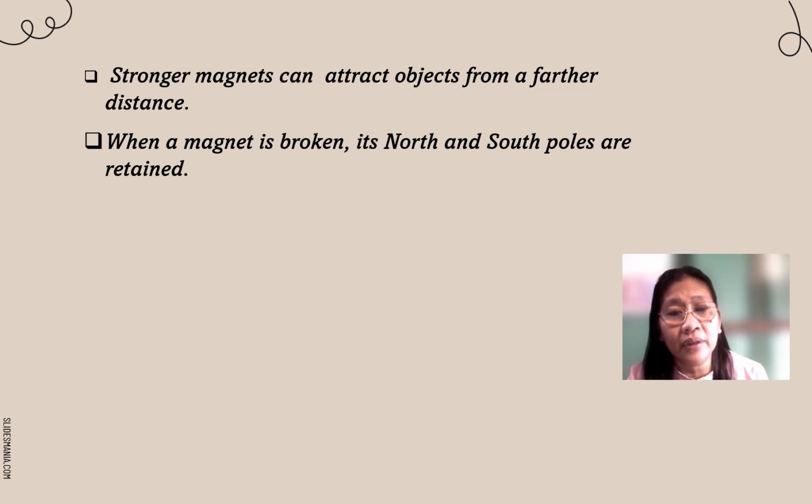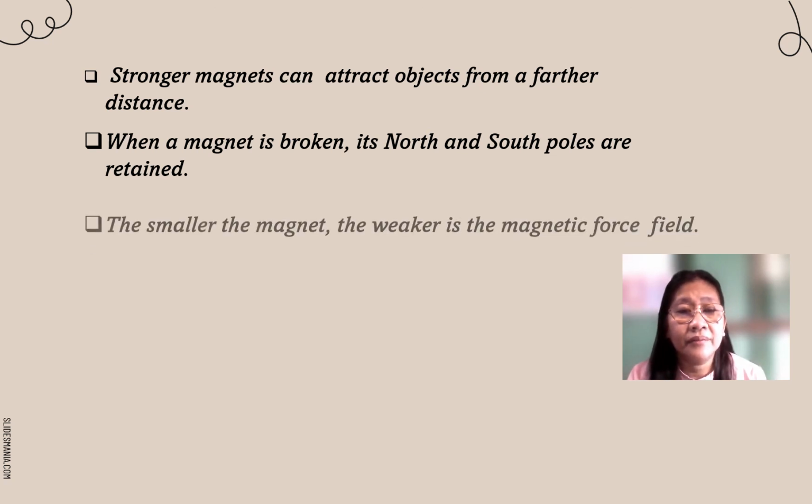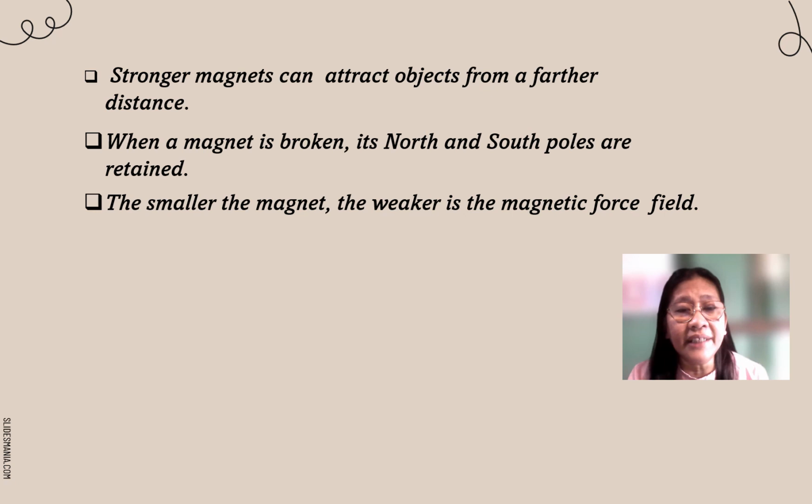So even though it broke into smaller pieces, the north and south poles are still present on each small piece. The smaller the magnet, the weaker the magnetic force field. Of course, the bigger the magnet, the stronger the magnetic force.